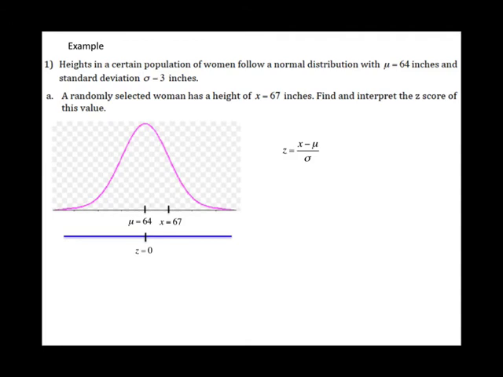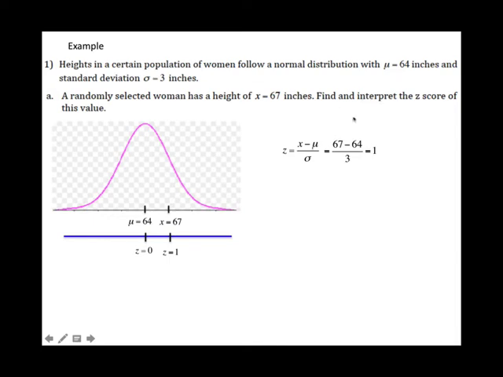Okay, what do you guys get? That will be equal to 1. So we know that we have the z-score equal to 1. And we are not done yet. We need to interpret the z-score.